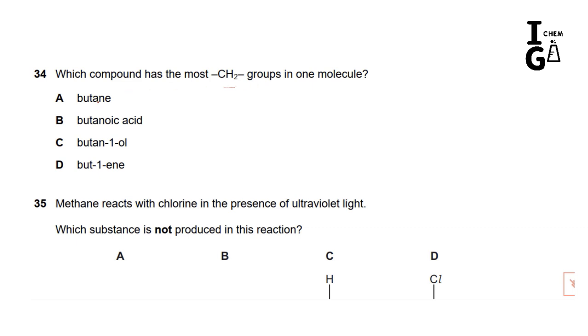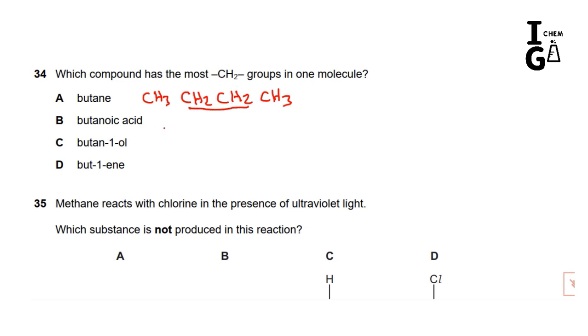First one is butane. So we can make a structural formula for butane. You know, but means four carbons. So we can do CH3, CH2, you remember the point of homologous series, CH2, and then CH3. So actually we have two CH2 groups.